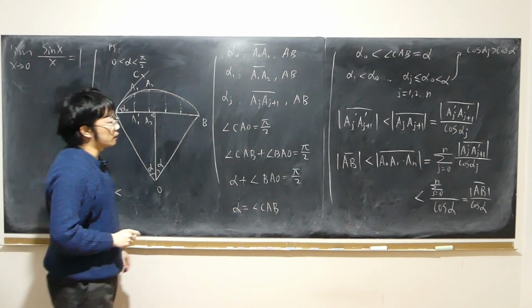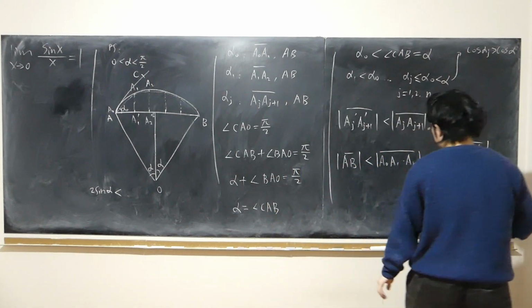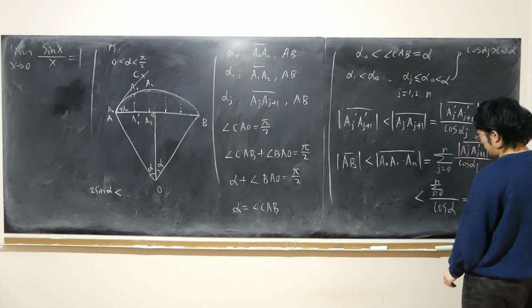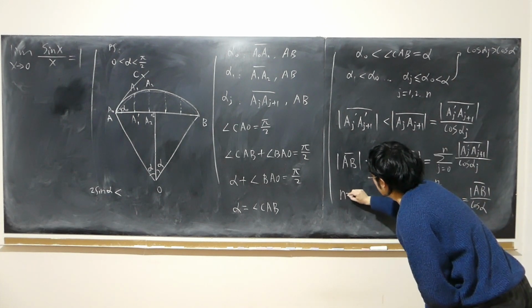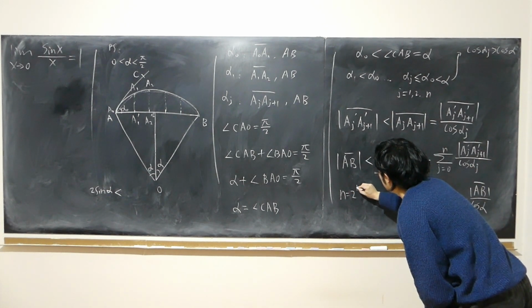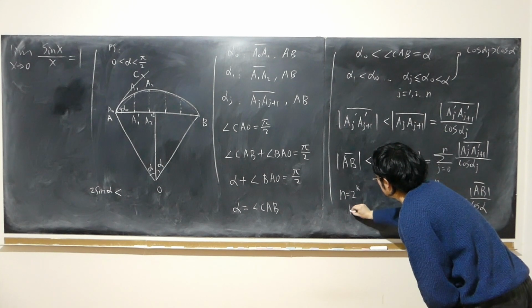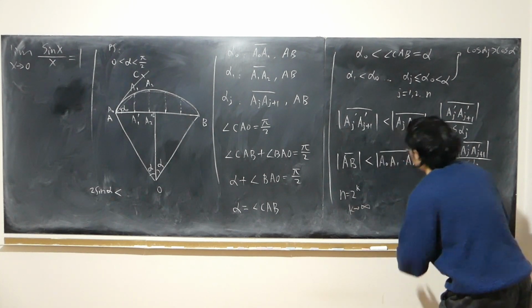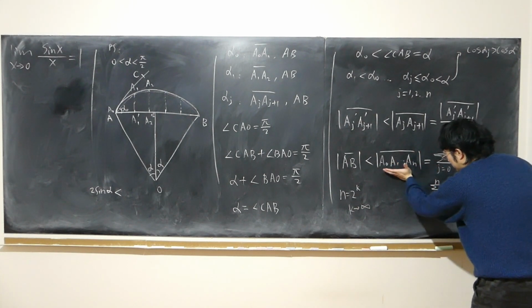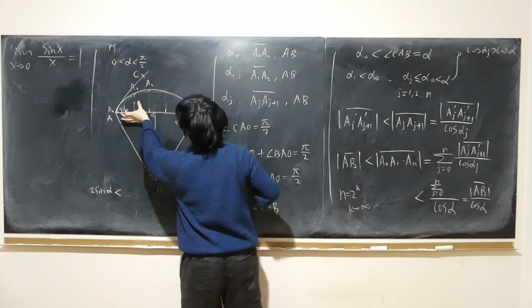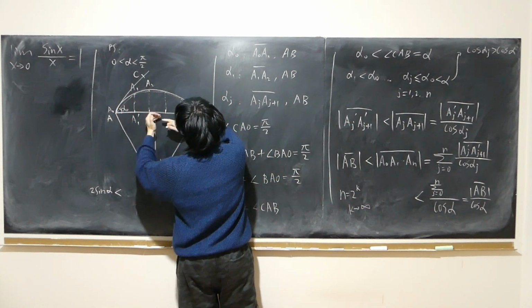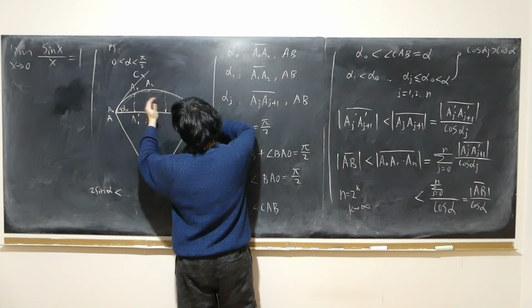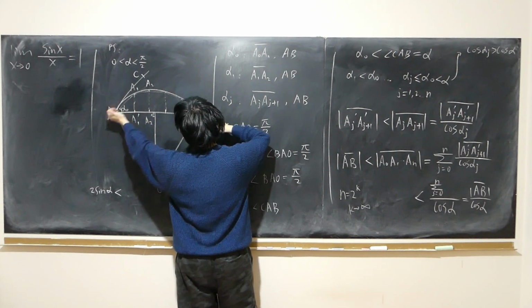if I just let n approach infinity. Right? I let n approach infinity. Maybe I let n equal 2 to the power k, k approaches infinity. Right? So this is the sum of this segment, this segment, this segment, this segment. So as n approaches infinity, this limit will become the arc length. Right?